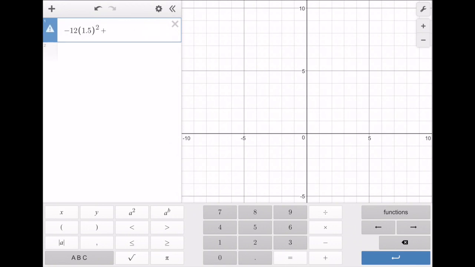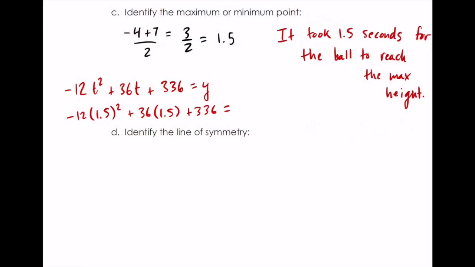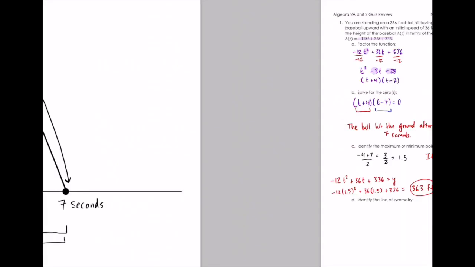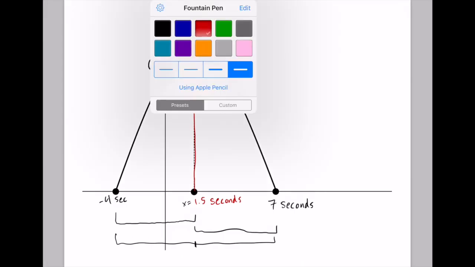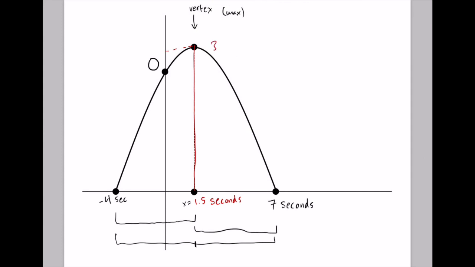Then we're going to add 36 times 1.5. And then we're going to add 336. 363. We're talking about height here. Our problem uses feet. So what this is saying is that our height here is 363 feet.